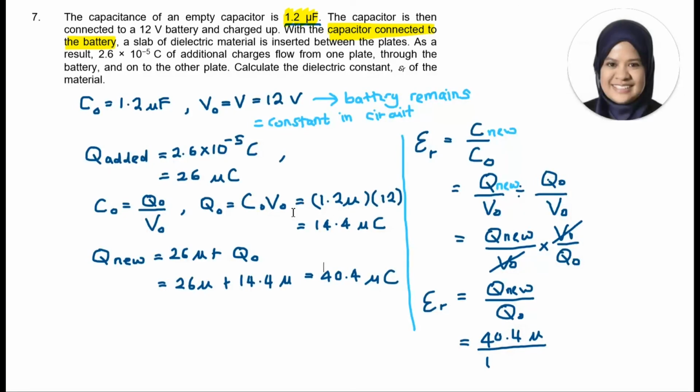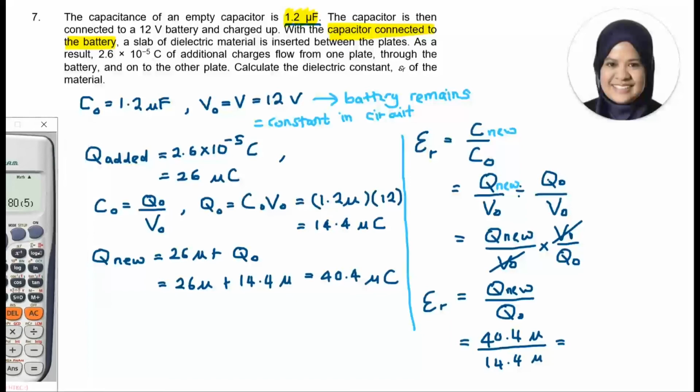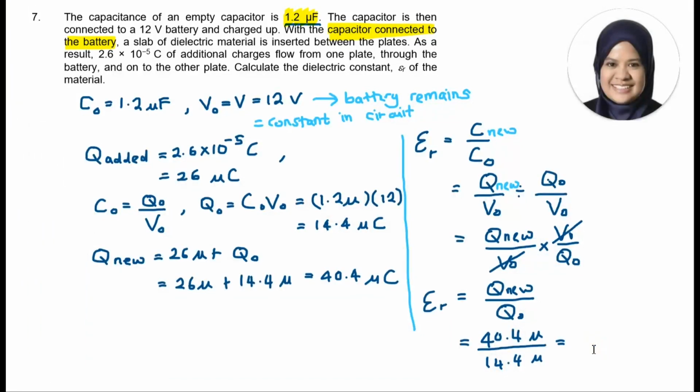So with my calculator, 40.4 divided by 14.4, 2.8 is my dielectric constant.